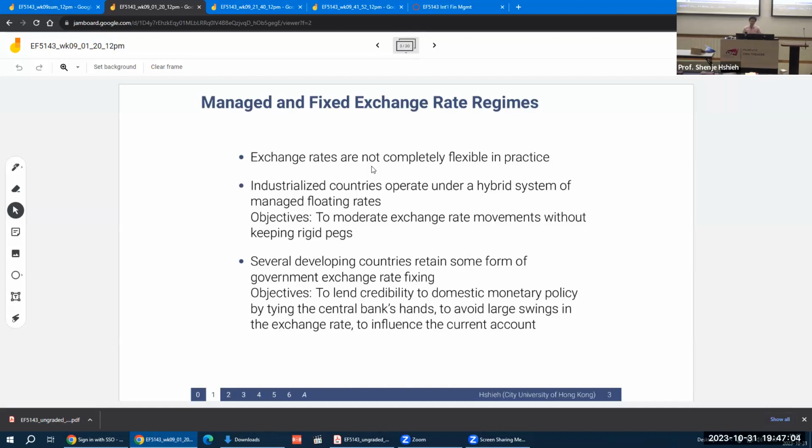But today we're going to talk about specific countries that attempt to manipulate and control where this exchange rate should flow or change over time.